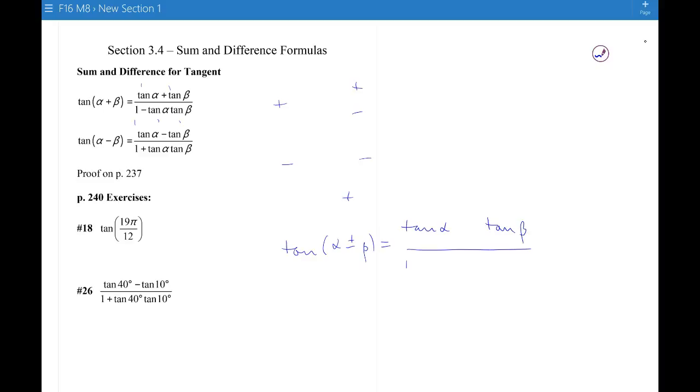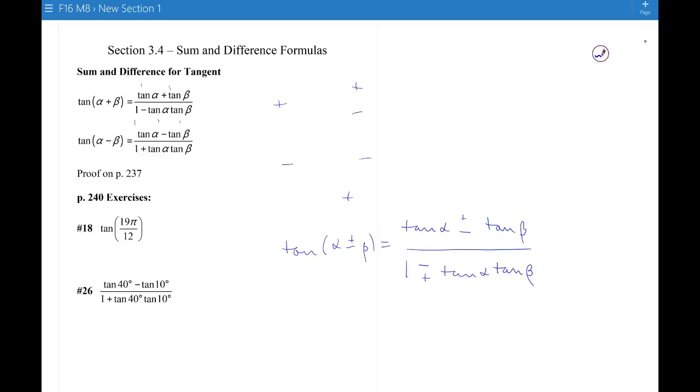So look for patterns. Patterns help your brain memorize. And you get a 1 and a tangent alpha and a tangent beta. When there's a plus, you get a plus and a minus. And when there's a minus, you get a minus and a plus. So that's the formula in one formula instead of two separate ones.